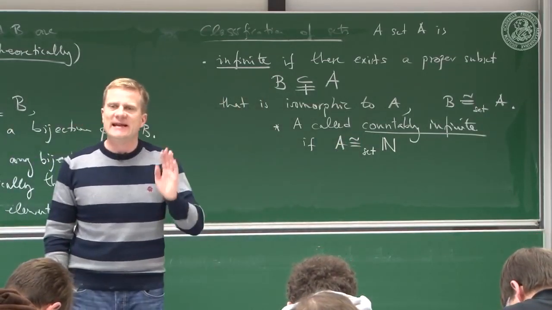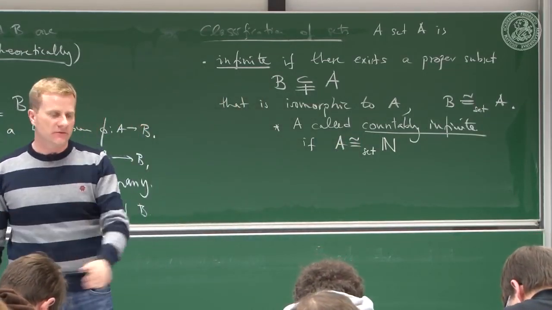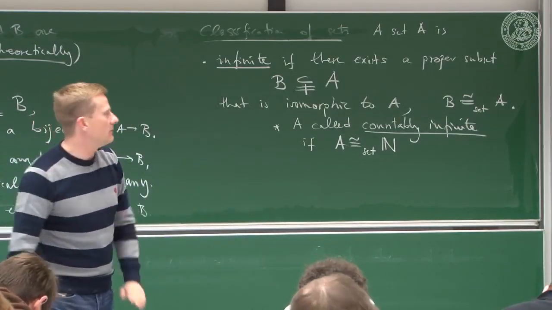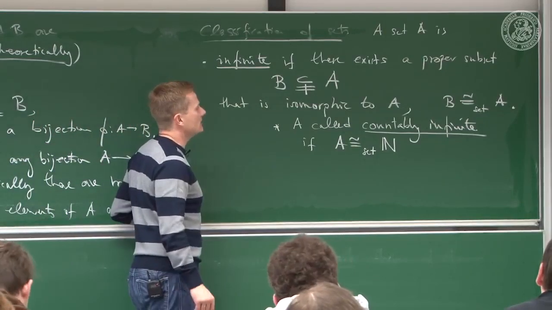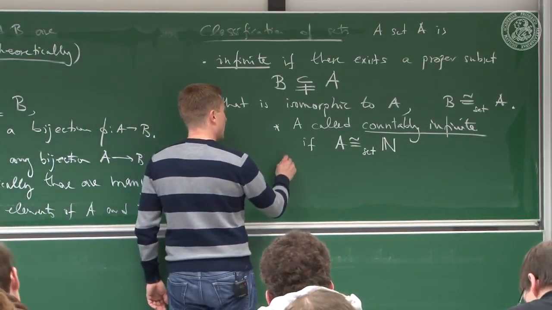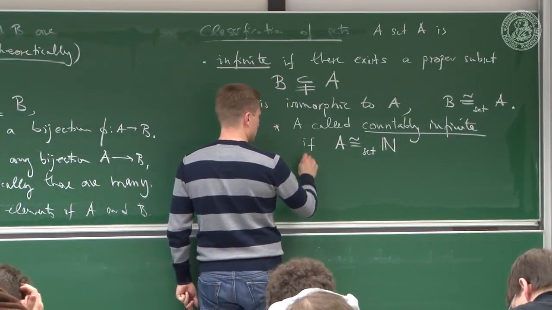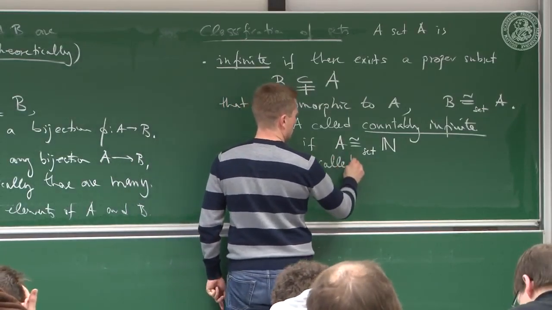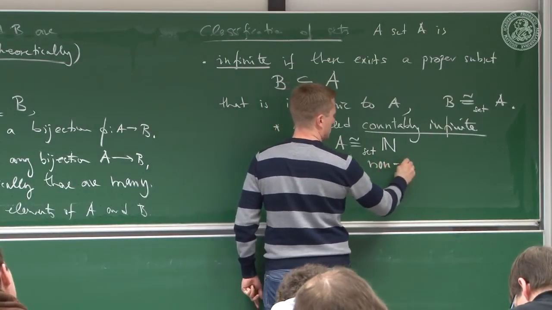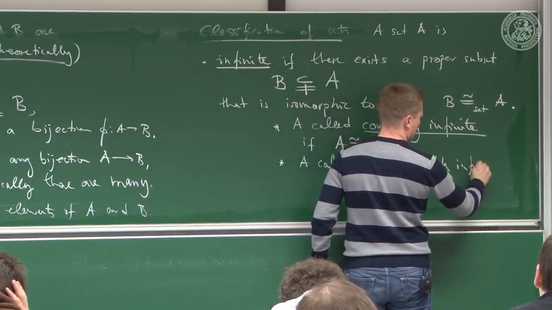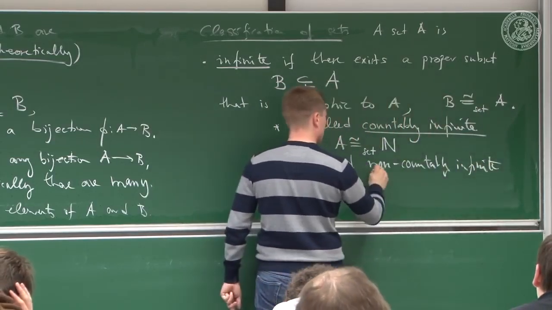The intuition is if you can label the elements of a set, if you can attach a label to each, number 1, number 2, number 3, if you can label all the elements, the set is called countably infinite, and otherwise it is called uncountably infinite.